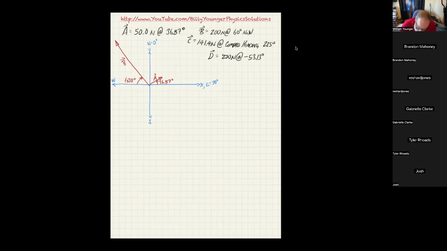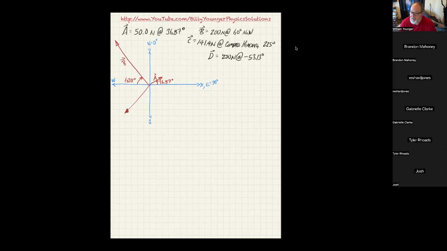Now for C, C is supposed to be 225 degrees of the compass heading. Well, if it points due north, it's 0. If it points due east, it's 90. If it points due south, it's 180. 225 is another 45 past that. So I'm going to try to split the uprights here, and in this case, I'm going to make it 141, which is maybe that long. Obviously, I'm not taking much time to draw it to scale.